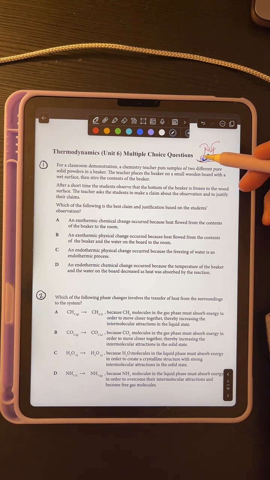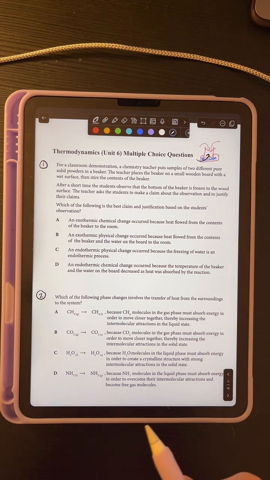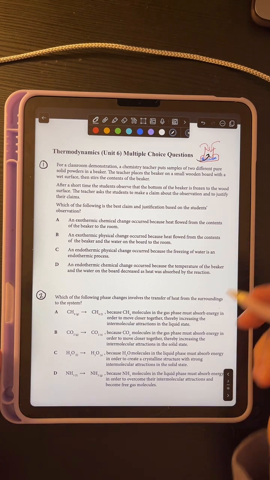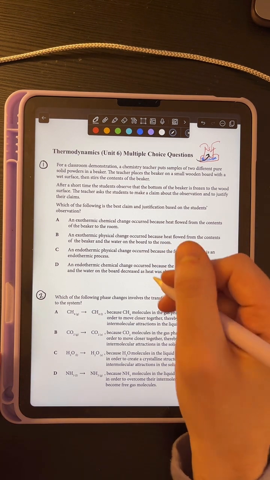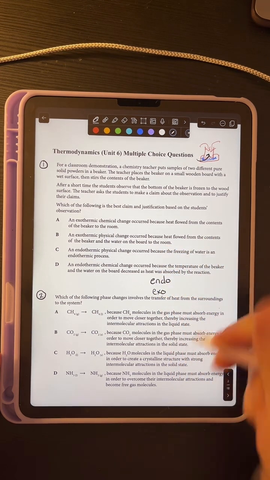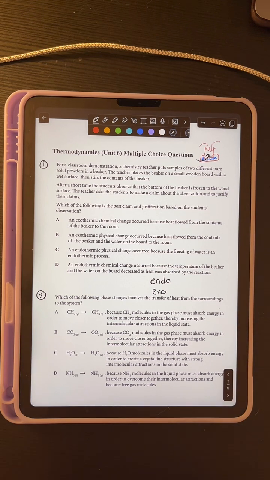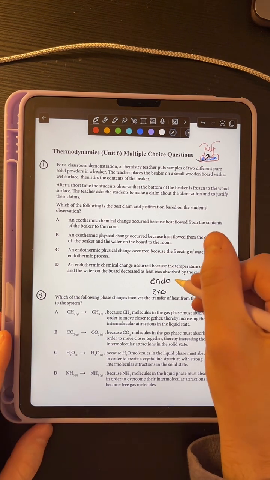So when we have a solution that is taking energy from its surroundings, that is going to be an endothermic chemical change. It needs heat. It's absorbing that heat. If we think of endo and exo, and I didn't really go over this today, but endo and exo tell us whether we are releasing or absorbing heat.